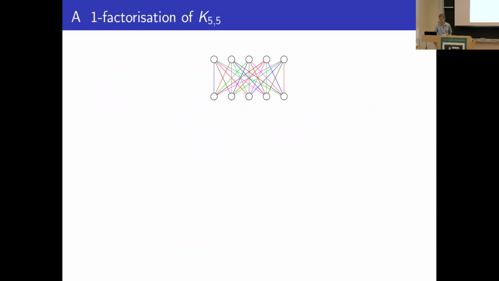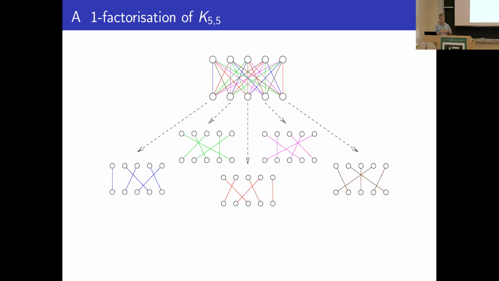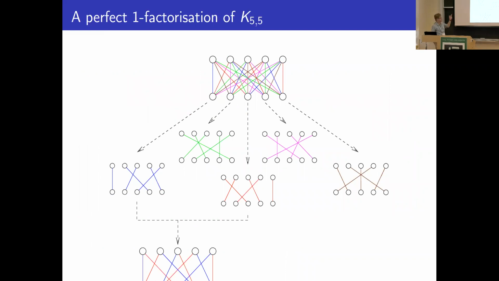Here's a K6, make it out of glass, throw it on the floor, get 5 one factors, and then I can try reassembling them, take these two together, and I get a Hamilton cycle. In fact, that happens for every pair of one factors here, which I'll leave you to check. So this is our first example of a perfect one factorization.